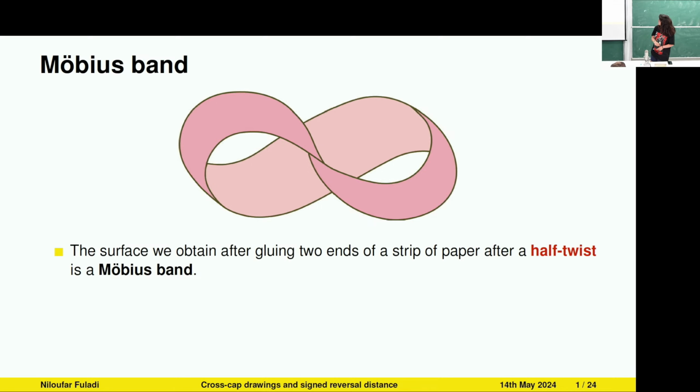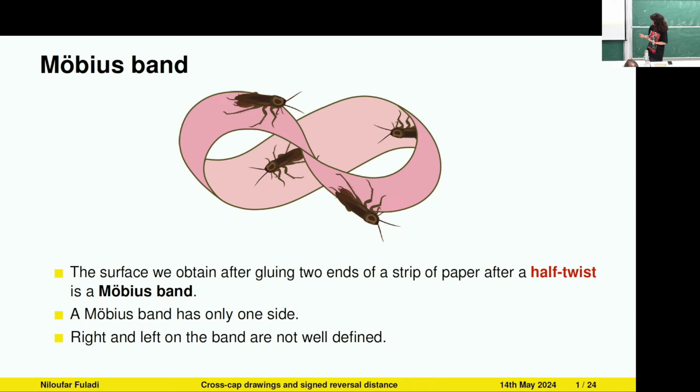Now, what are the things about a Mobius band? It's very interesting because it has only one side, meaning that, for example, if you consider this cockroach that is walking on it, it would see all of it while continuously walking. The other thing is that right and left on this band are not well defined. What does it mean?